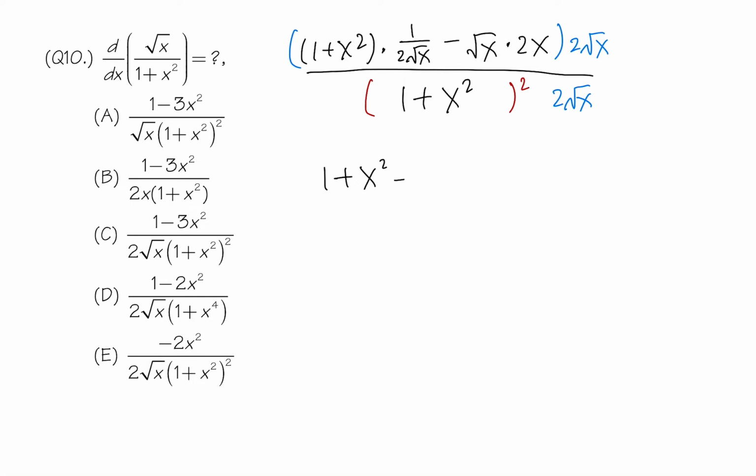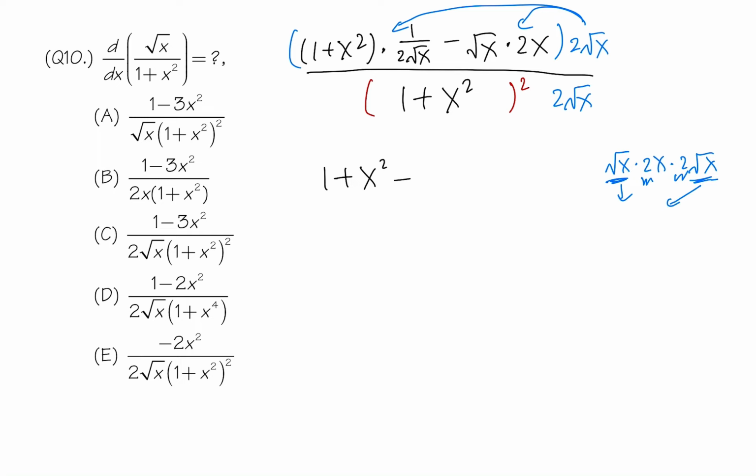Next, it's a minus, and we will have to multiply this and that, right? Earlier we did this, so that was okay. Now, this is a little bit tricky, so let me put it down on the side for you guys. When we have square root of x times 2x times 2 square root of x, square root of x times square root of x is just x. And then we have 2 times 2. So let me just write this down.